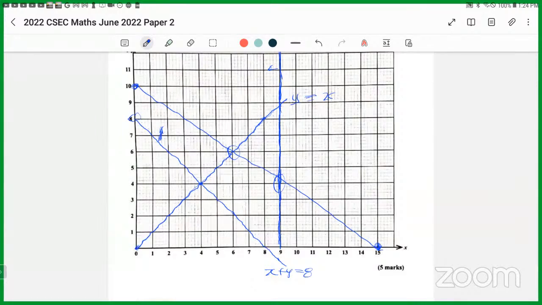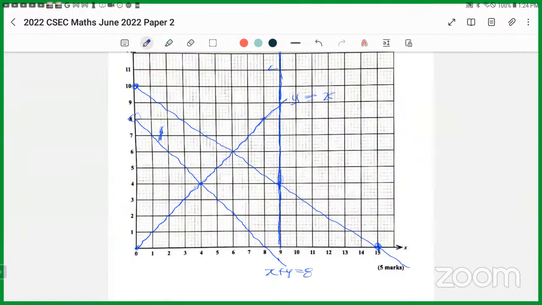I'm going to test and see if it passes through those 2 points. That looks like the line.